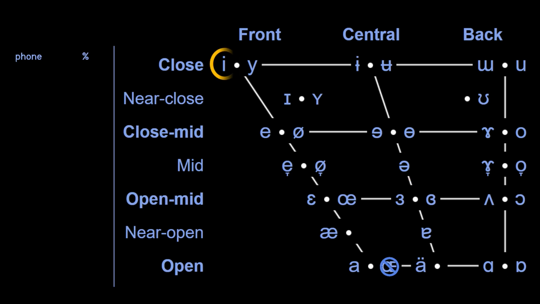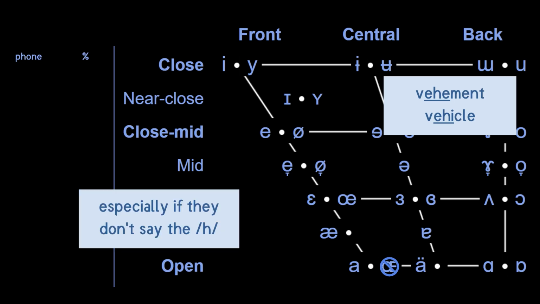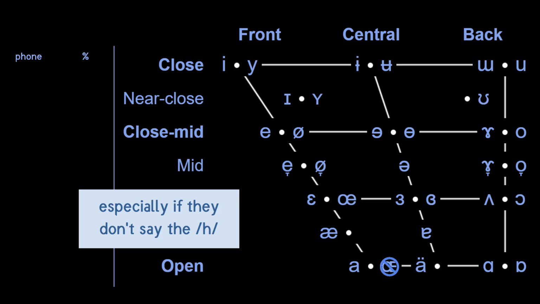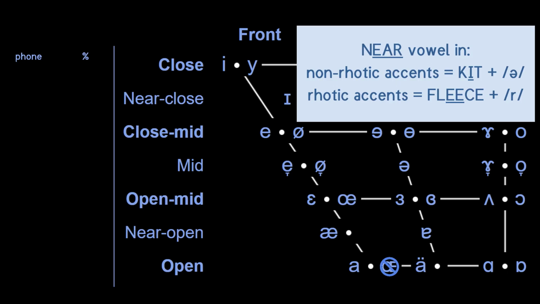Consequently, rhotic speakers also have a tendency towards using the fleece vowel in vehement and vehicle. This leaves us with a little problem because the near vowel effectively plays second fiddle to the fleece vowel in rhotic accents, but to the kit vowel in non-rhotic accents.